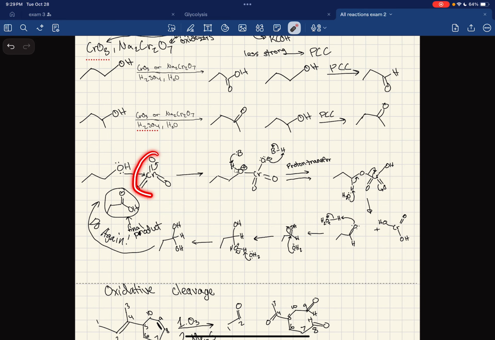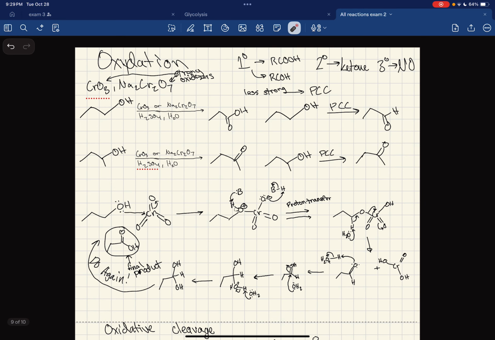I've always thought that the chromate and the Na2Cr2O7 react with H2SO4 and H2O to form a different thing, and both of these have the same exact reagent, and that's why they do the same thing, because in the acid they form the same exact reagent. But this is what she wrote down in the notes, so this is what I put.